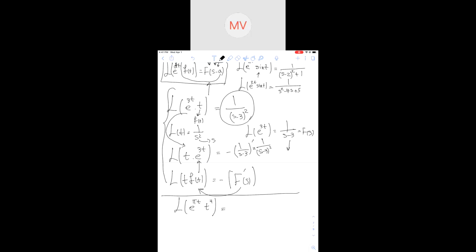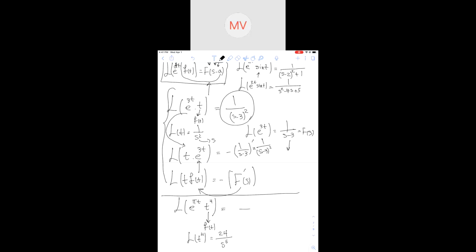If this was t squared, you would have to differentiate it twice, basically. So we're going to give that guy the role of f of t here. So what is Laplace of t to the 4th? It's 4 factorial, which is 24, divided by s to the 4 plus 1, which is 5, s to the 5th.